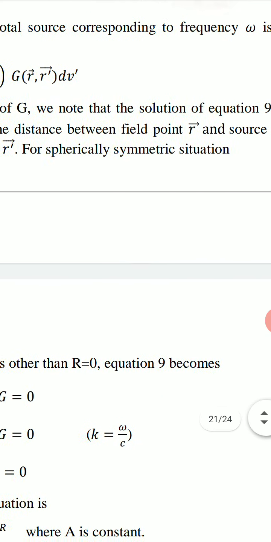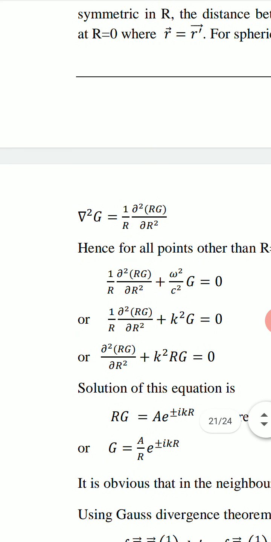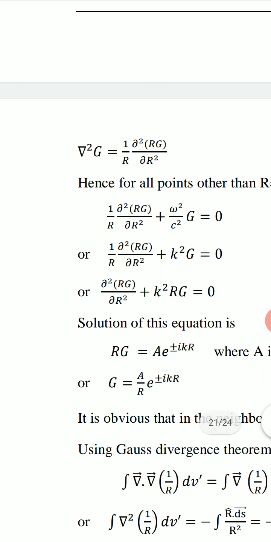For a spherically symmetric situation, we can write del square g as 1 upon r d2 rg upon dr square. In del square g, del square is d2 by dx square plus d2 by dy square plus d2 by dz square.